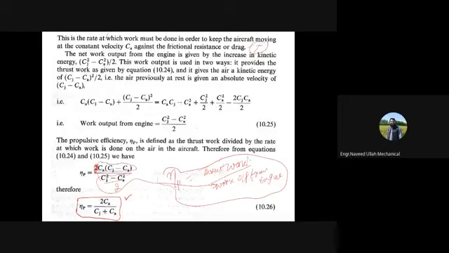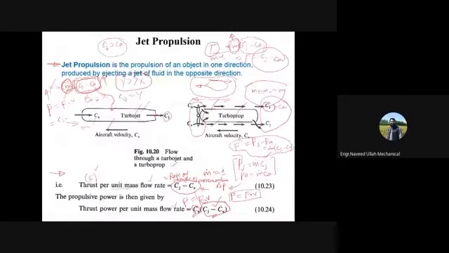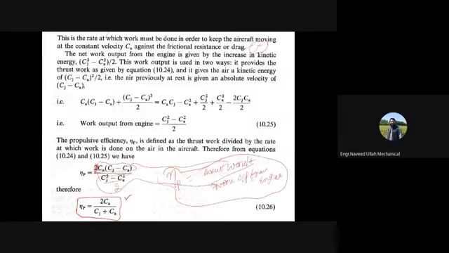I should write it per unit time, तो ये पावर हो जाएगा per unit time. तो ये वही चीज़ है. अच्छा, this is actually thrust power and this is the work of the engine, work output of the engine. ठीक है ना, ओके. तो बहरहाल इसको आप सिंप्लीफाई करें, you will get this propulsive efficiency equal to 2 into aircraft velocity divided by jet velocity plus aircraft velocity.